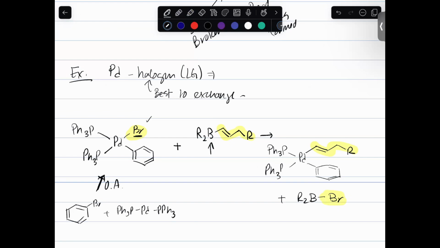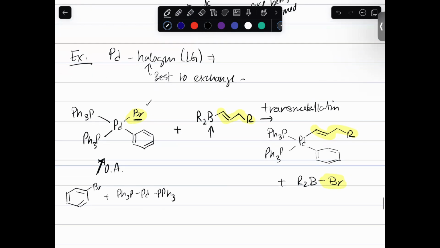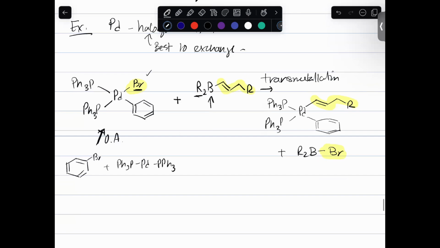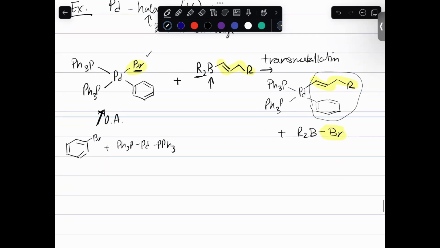And this is, of course, transmetallation. Okay. We'll talk about the R groups later on, but why, Dr. Lucero, why did the R group not exchange? We'll talk about it when we get to the Suzuki reaction. But what I want you to notice is that now it is set up so that they're cis to each other and it can do a reductive elimination step. But since we're not talking about reductive elimination steps anymore, we won't move forward. This is just an example of transmetallation.